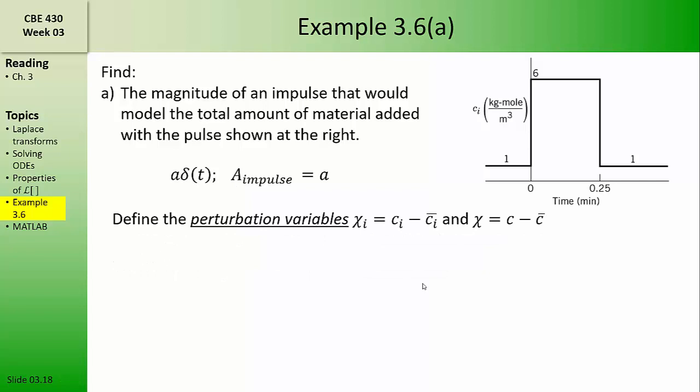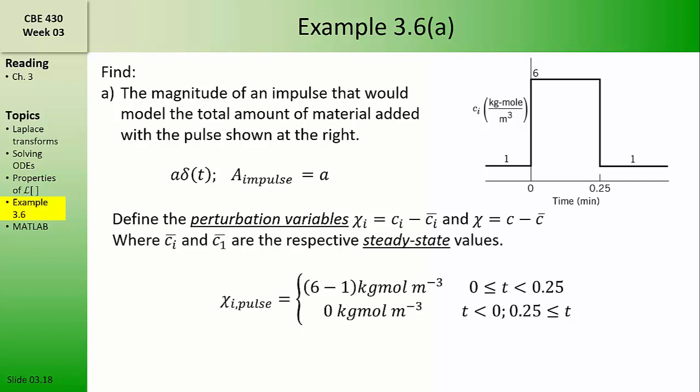The textbook does this using the variables Ci for the inlet concentration and C for the concentration leaving the tank. But we're going to do this by defining new variables, which we'll call perturbation variables. Our perturbation variables will be chi i, which is Ci minus its steady state value, and chi, which is C minus its steady state value.